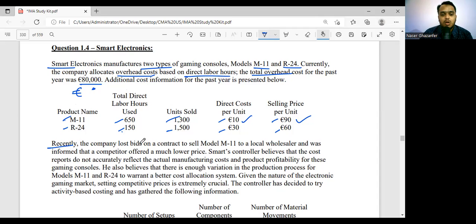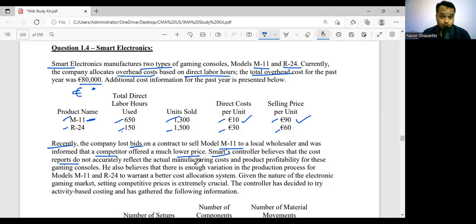Recently, the company lost a bid on a contract to sell model M11. This particular product they lost to a local wholesaler and were informed that the competitor offered a much lower price. Smart's controller believes that the cost reports do not accurately reflect the actual manufacturing cost.